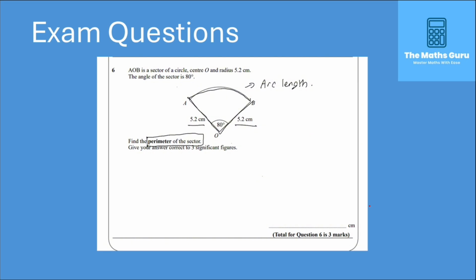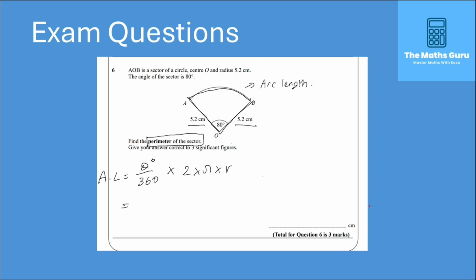So remember how to derive our formula. We always start off with theta over 360, times, in this case, we're looking at our circumference or arc length, so 2 times pi times r.